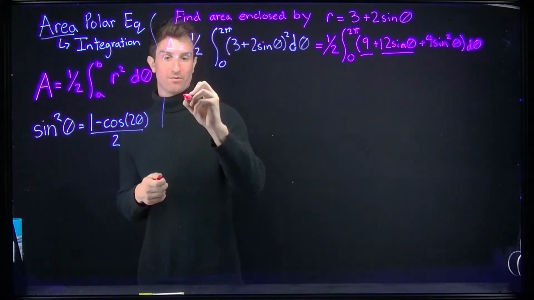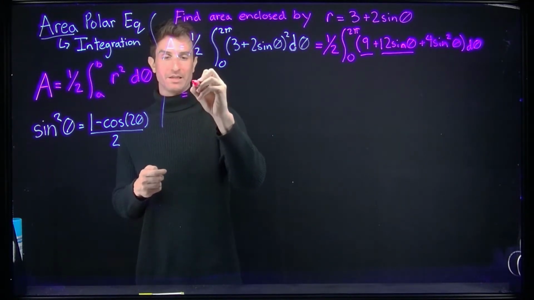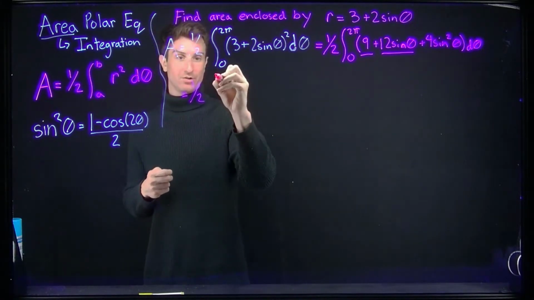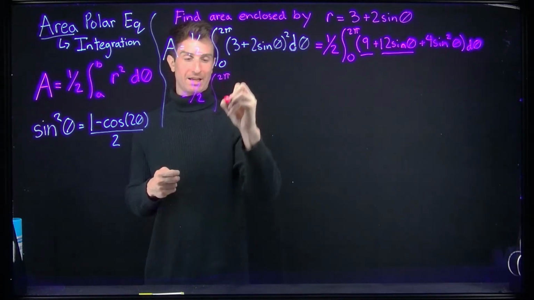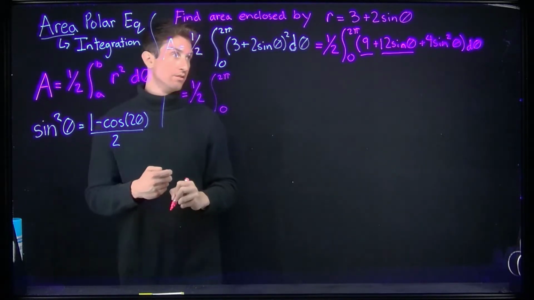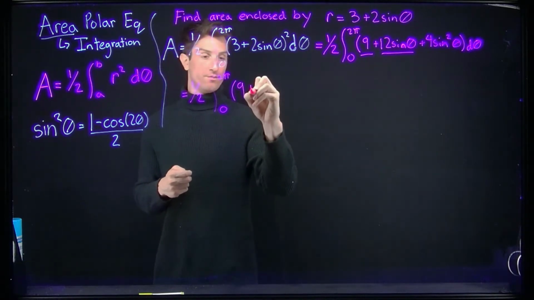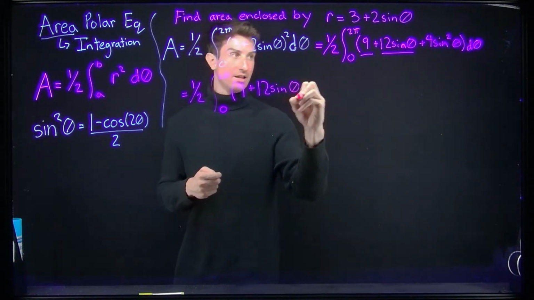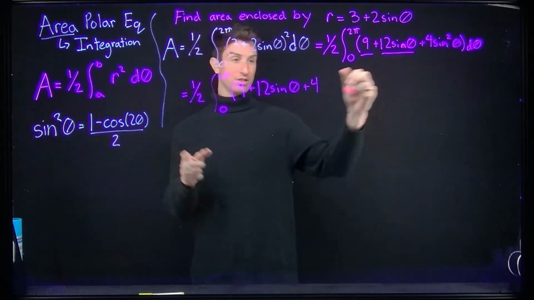Right, so I'm going to write it over here. We'll just go from left to right. This is going to be equal to 1/2 still. We still have not integrated, right? So no calculus yet, just all trig and algebra. We have our 9 plus 12 sine of theta plus 4, and now we're going to substitute.